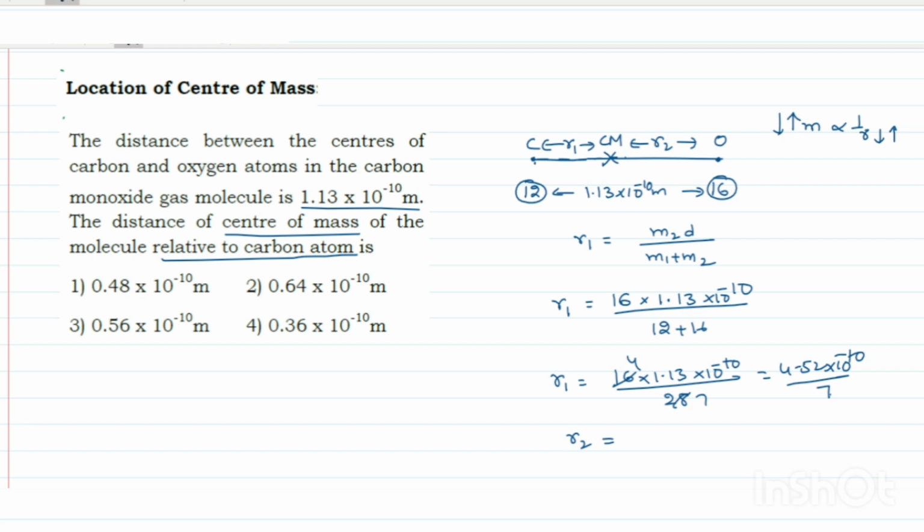When you calculate this value, you get 0.64 into 10 power minus 10 meter. So this is the correct answer.